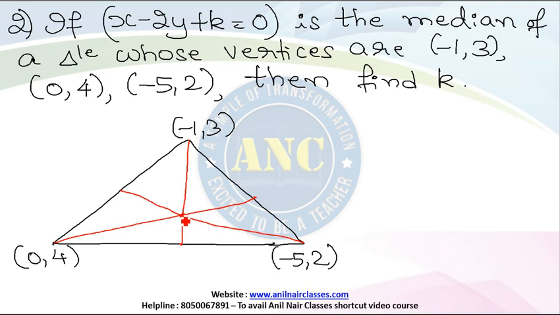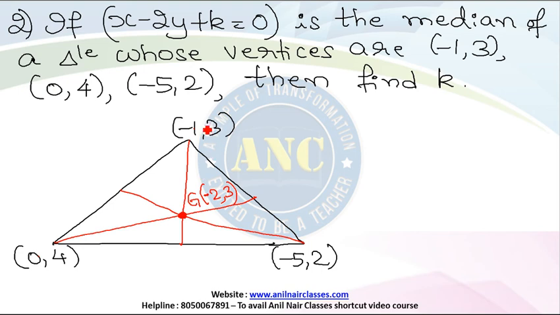This G value can be found as x1 plus x2 plus x3 by 3: minus 1 plus 0 is minus 1, minus 1 plus minus 5 is minus 6, and minus 6 by 3 is minus 2. Similarly, y1 plus y2 plus y3 by 3: 3 plus 4 is 7, 7 plus 2 is 9, 9 by 3 is 3. Centroid coordinates are minus 2 comma 3.